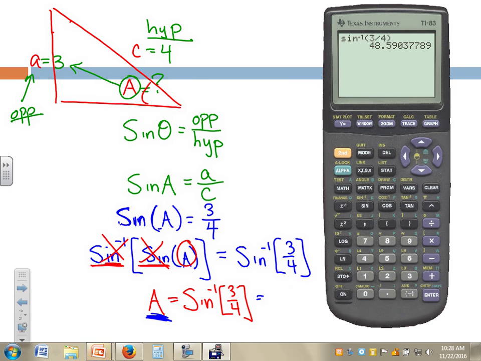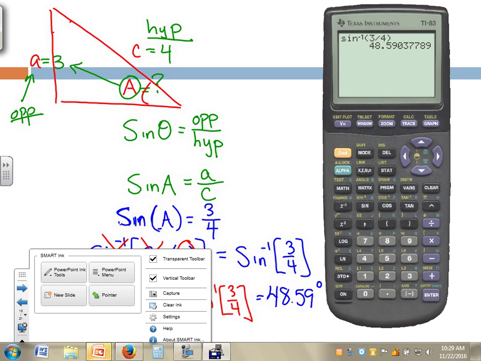That equals 48.59 degrees. And so that's how we use inverse functions to cancel out a function so that we can solve for angles. Alright? We're going to do the second example.